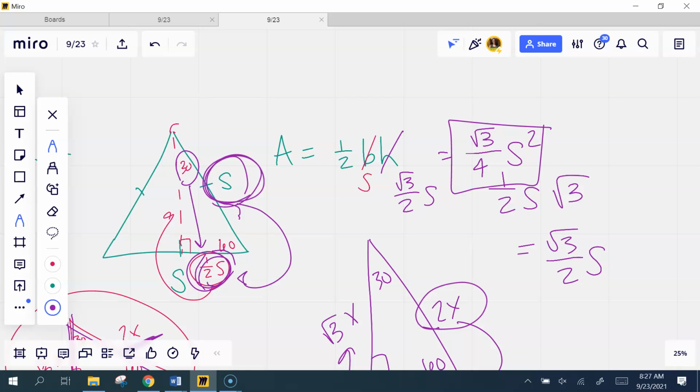All right. Part B says find the instantaneous rate of change, which just means what? Derivative.